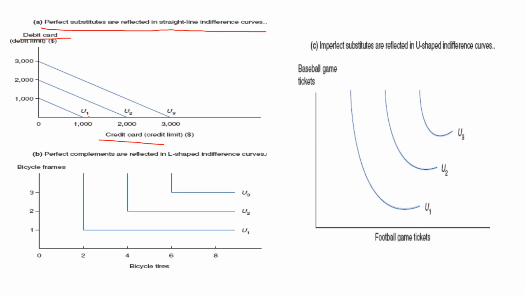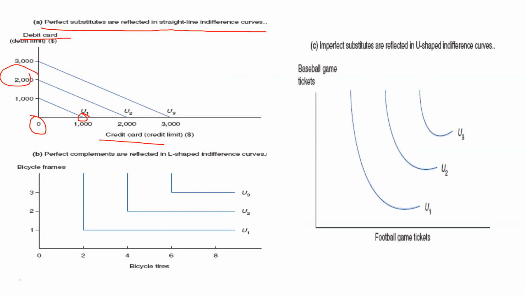Suppose somebody would like to make payments only through credit card. It can be possible. Somebody else would like to pay only through debit card, no credit card. That can also be possible. So they are perfect substitutes of each other, which is why these lines are straight lines.